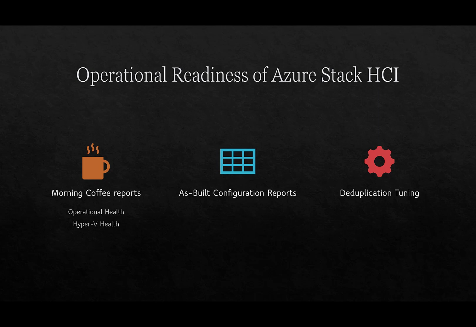Because there are certain event logs that you want to watch, and certain activities that could happen on a daily basis that could be indicators of bad things going on. I like to call those our morning coffee reports. We like to automate those with PowerShell, and that's the big one that we're going to focus on here today, as the morning coffee report that we use for pretty much all of our production deployments.